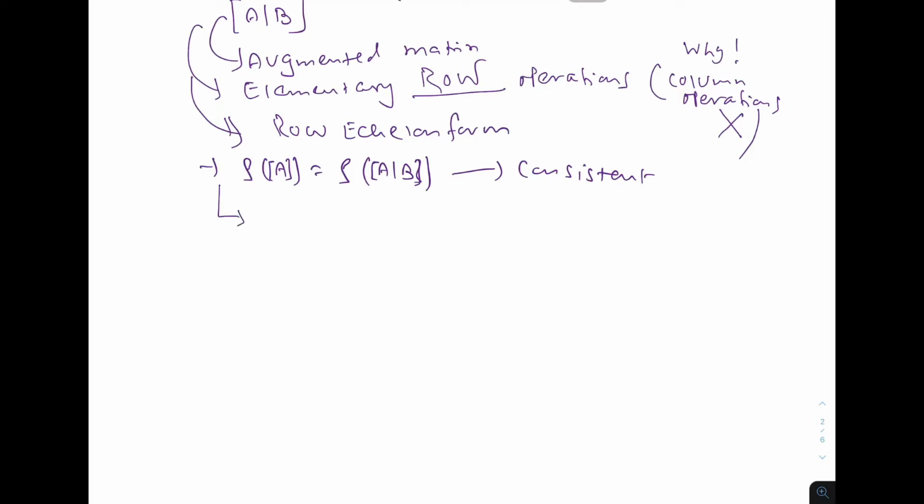And in that, if rank of A equals rank of AB equals the number of variables, so suppose there are 3 variables, then the rank of A is 3, rank of AB is also 3, then this system has a unique solution.